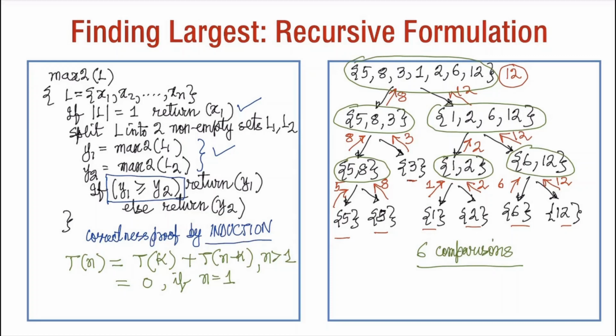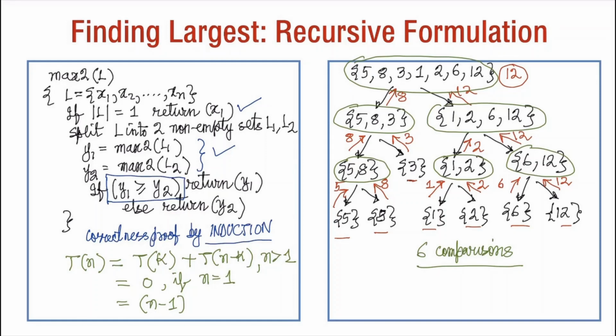And you can prove easily by induction or by any other method that the solution to this is also n minus 1. Which means that whichever way you split it, you are going to get n minus 1 comparisons.